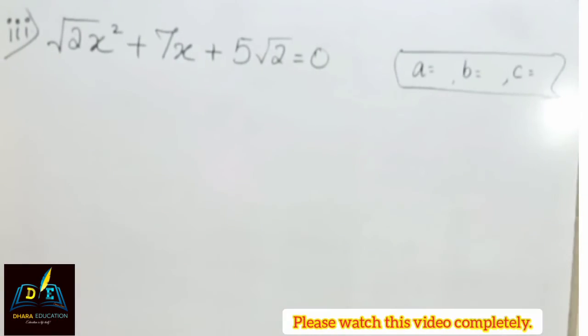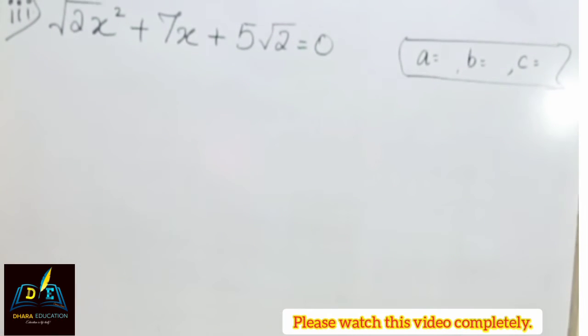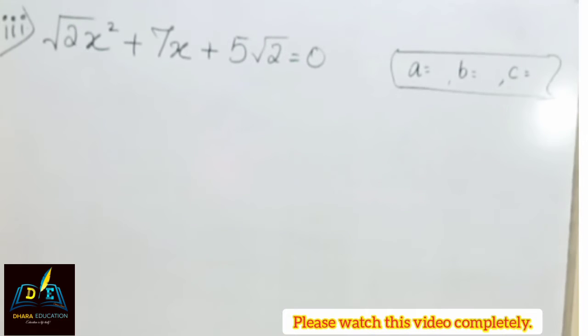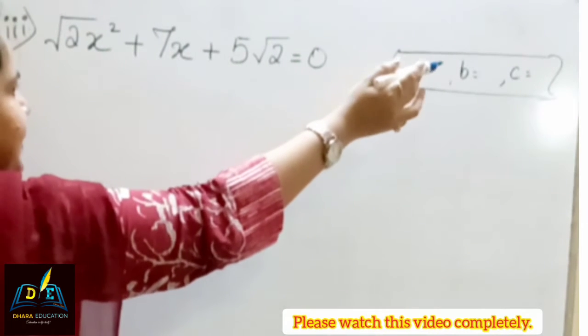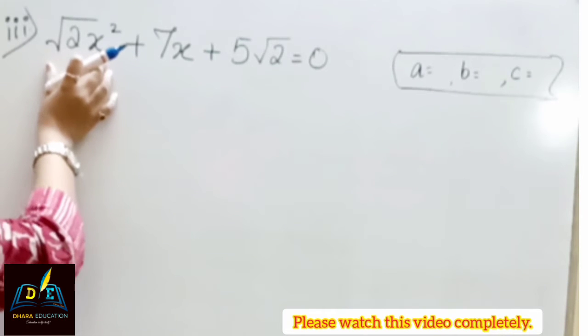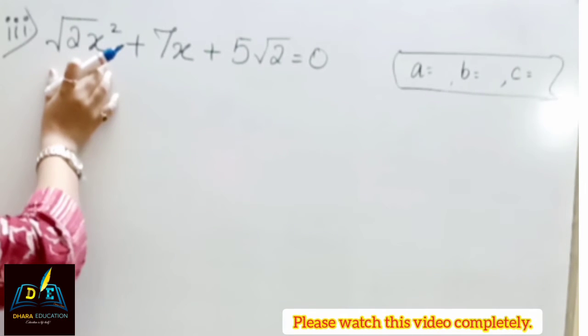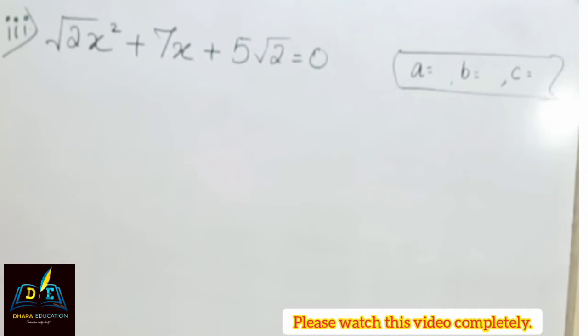Students, this is the third sum, that is root 2x square plus 7x plus 5 root 2 is equal to 0. So I have already written here a, b and c. Okay, so we need to find out the proper terms. The first term is root 2x square, so the value of a will be root 2.